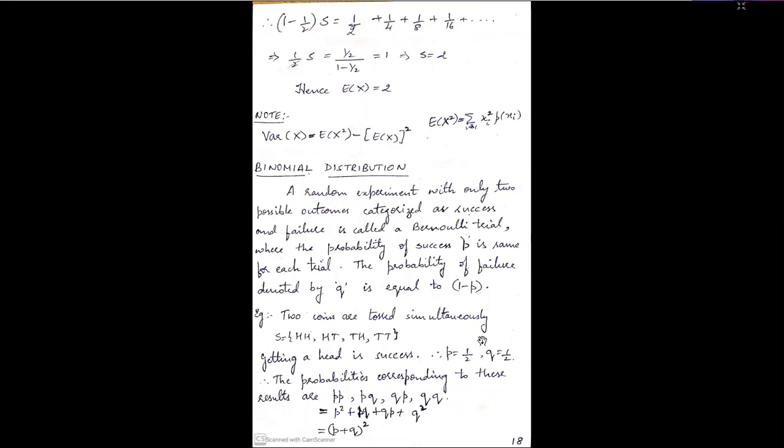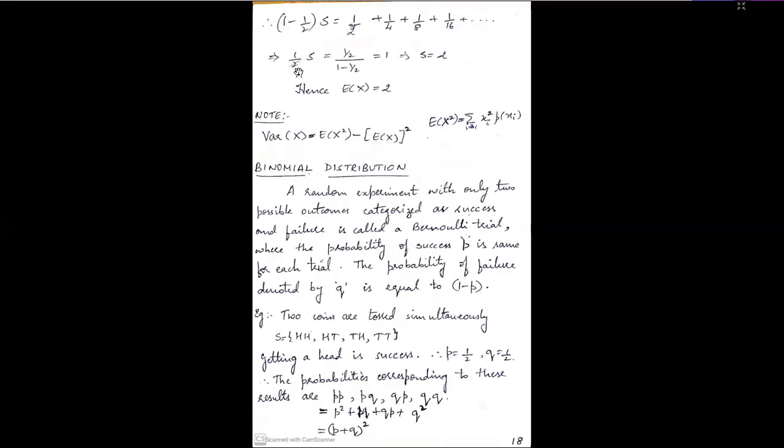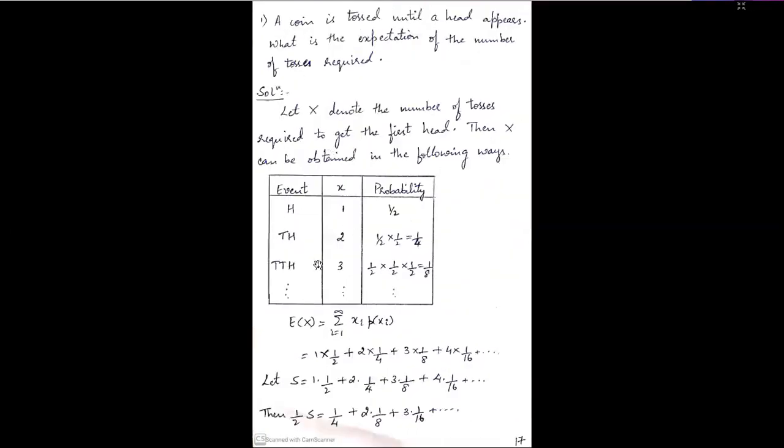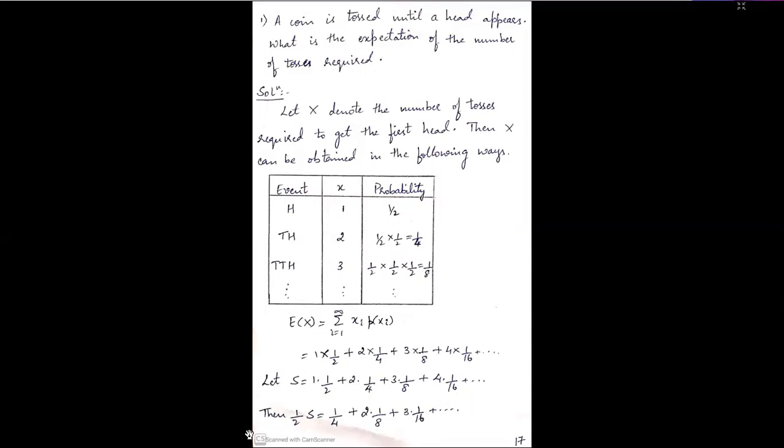Now I subtract these two sums. I'll subtract the left hand side separately and the right hand side separately. So I'll get S minus 1 by 2 of S, because I take S as a common factor, so it becomes 1 minus 1 by 2 of S. Since it is an infinite series, I can subtract the terms like this.